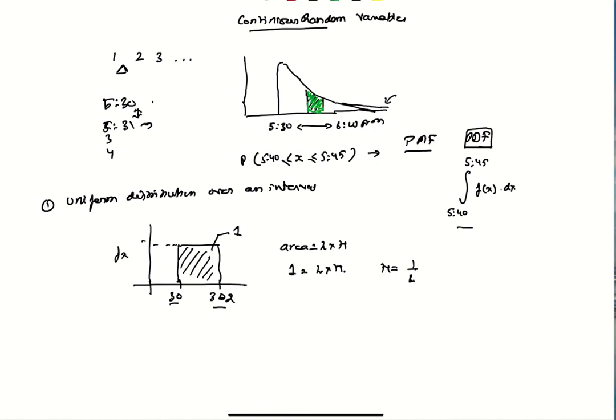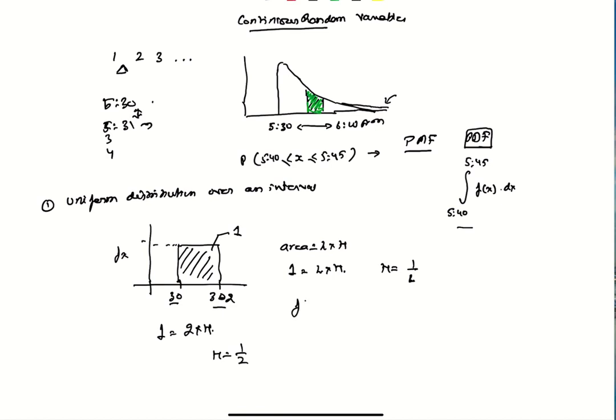So if it's a square, 1 is going to be 2 times the height, so then the height becomes 1 by 2.